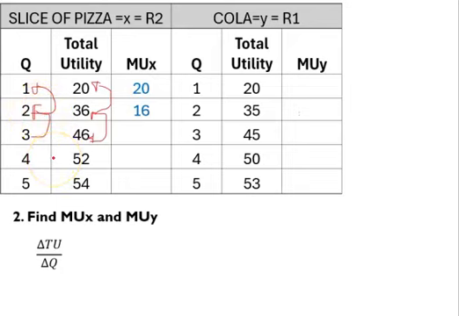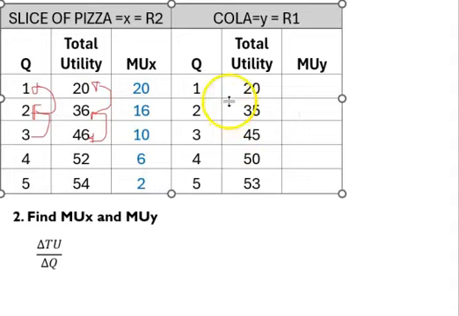So 46 less 36 is 10, 10 divided by 1 is 10. At 4 slices, it's 52 minus 46, and that gives us a marginal utility of 6. At 5 slices, it's 54 less 52, and that gives us a marginal utility of 2.